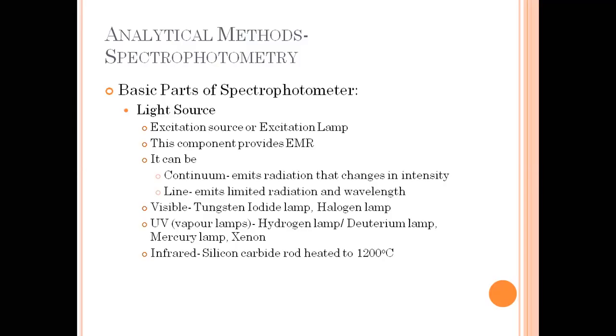UV region, okay, is provided when you make use of a hydrogen lamp, deuterium lamp, mercury lamp and a xenon lamp, whereas the infrared region could be produced when you make use of the silicon carbide rod heated at 1200 degrees Celsius as your light source.